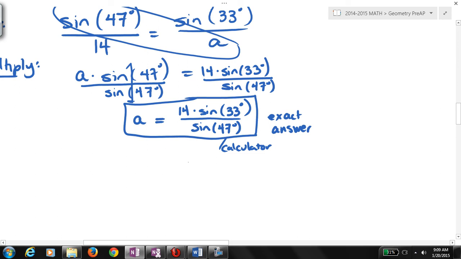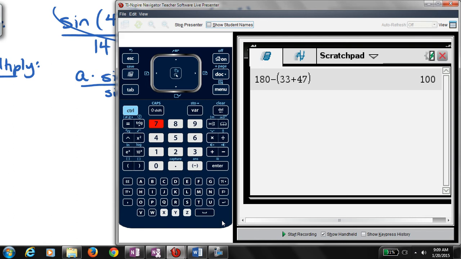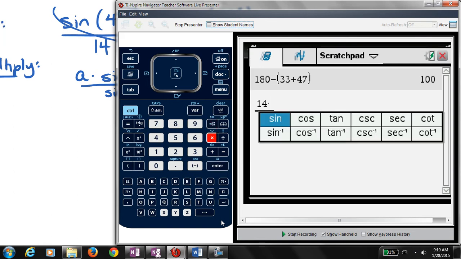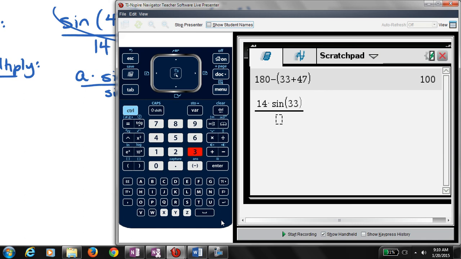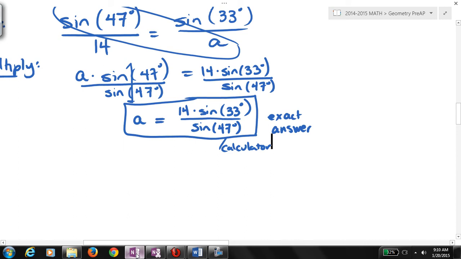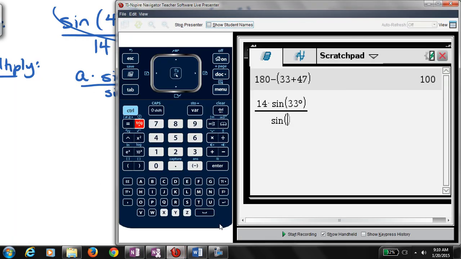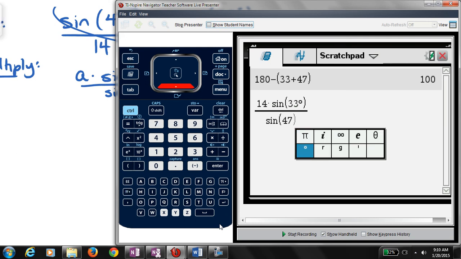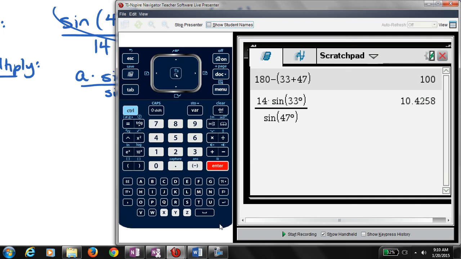So 14 times sine of 33, and you want to make sure that you're in degree mode, divided by sine of 47 degrees, and I get the approximation 10.4258.